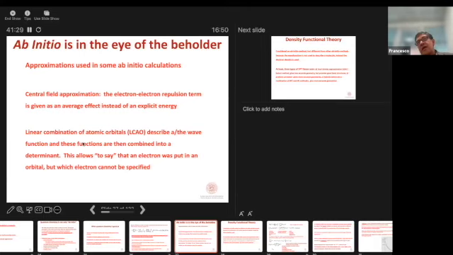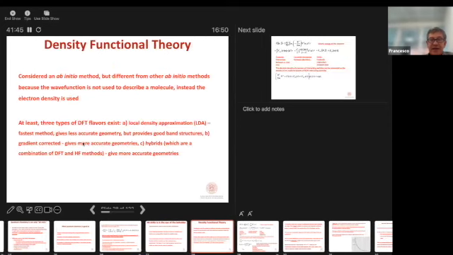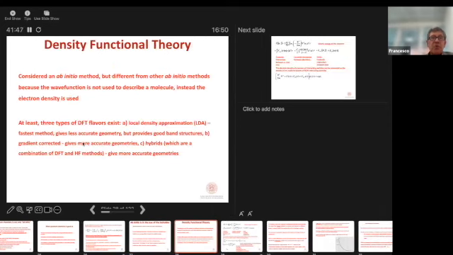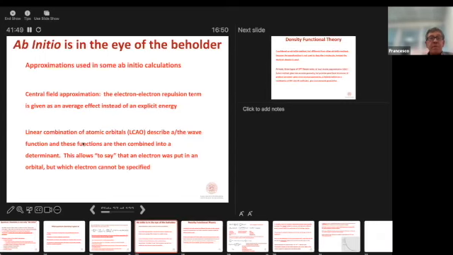Now, this is not to say that we are using experimental data, but the approximations we use must be of some kind. In a sense, they are not truly empirical, but in a sense, they are empirical, especially when we do density functional theory.